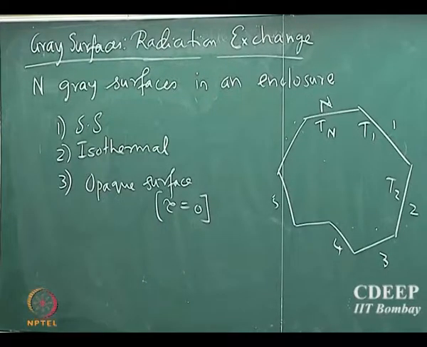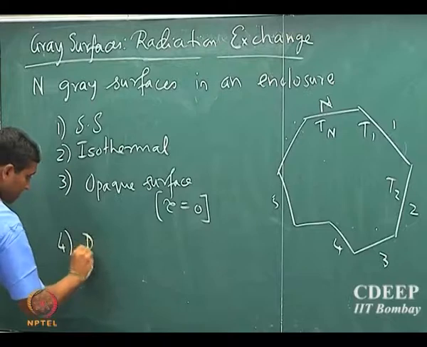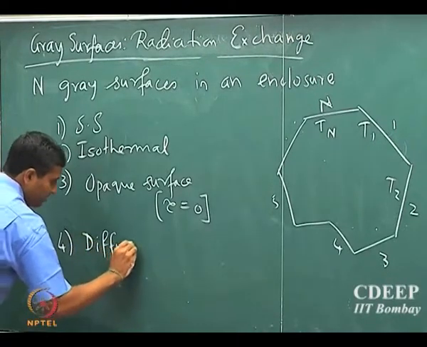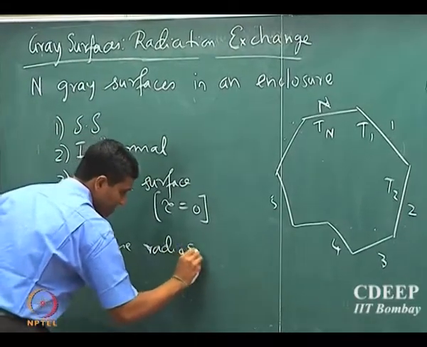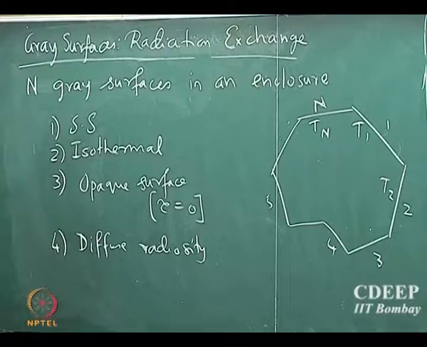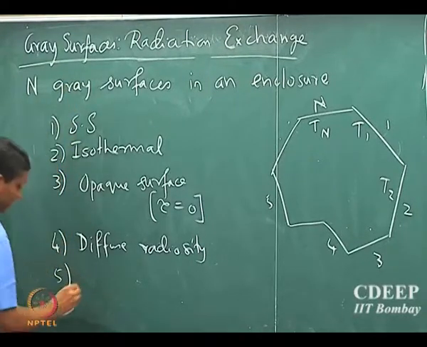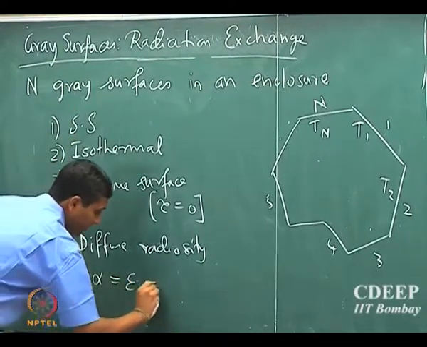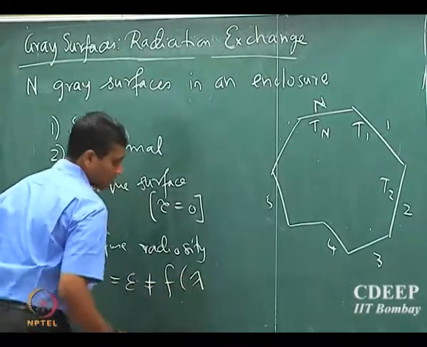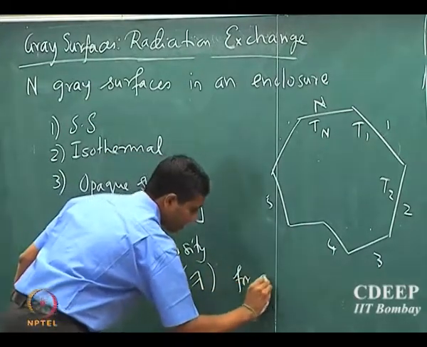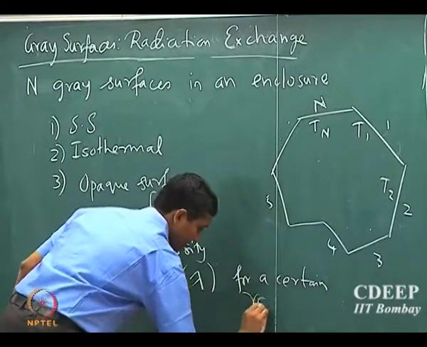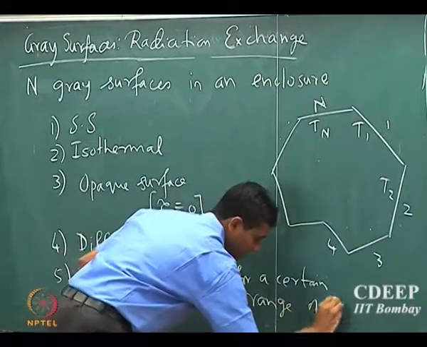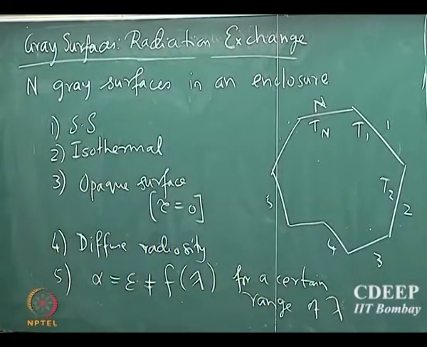And we assume a diffuse radiosity, and since it's a gray surface, alpha and epsilon are not functions of lambda for a certain range of lambda.